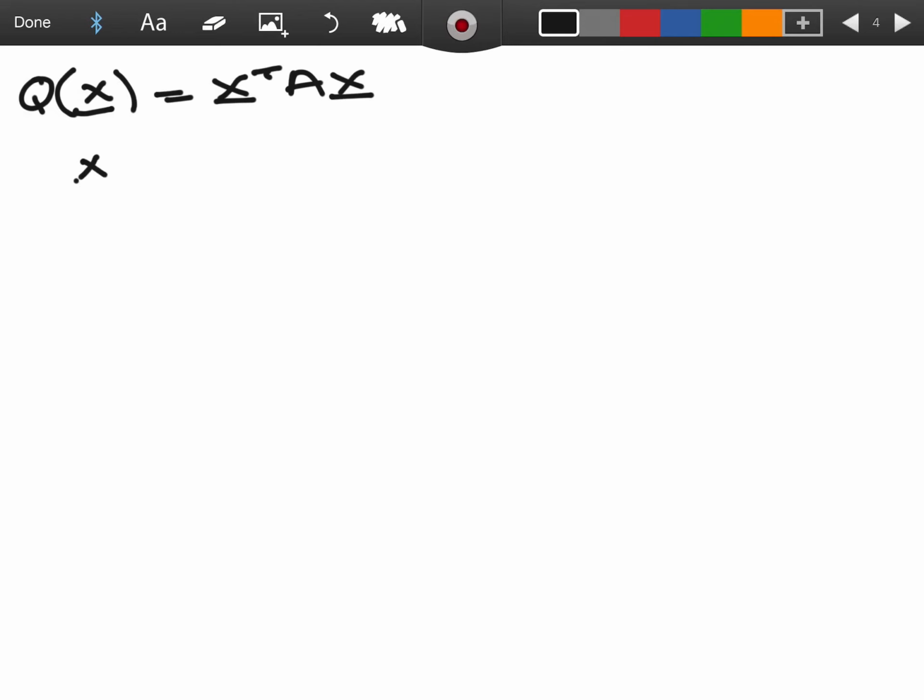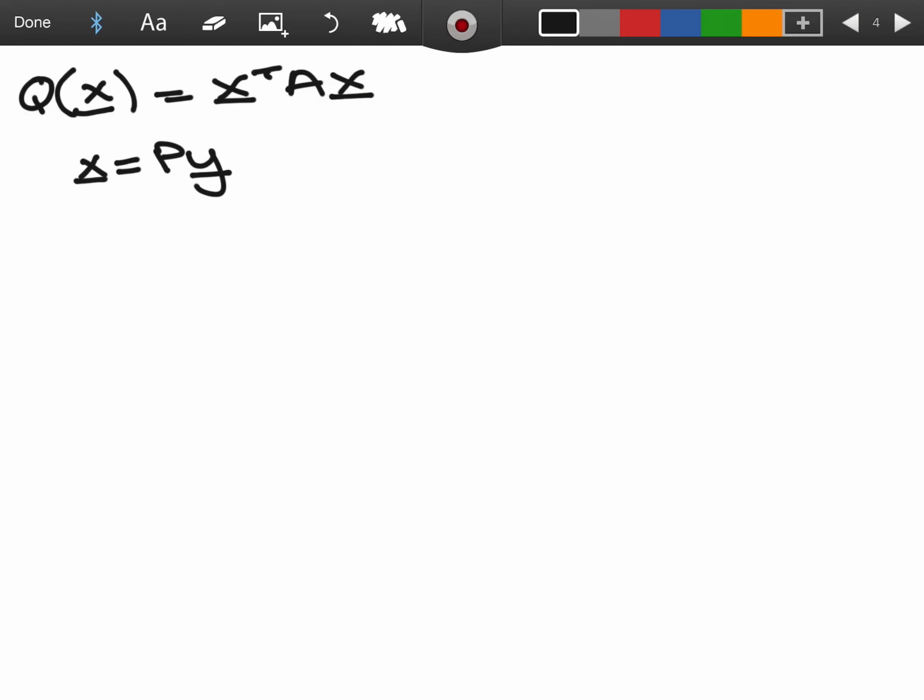So I'm going to do a change of variable by taking this vector X in Rn equal to this n by n invertible matrix P times Y, where Y is another n-dimensional vector in Rn.